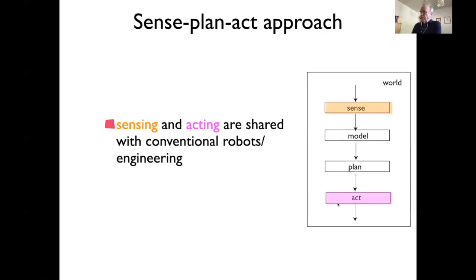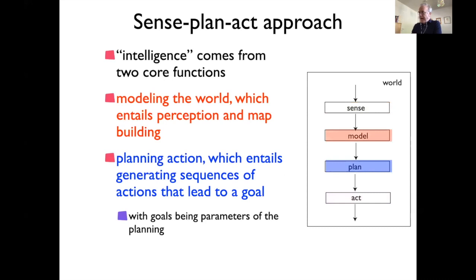You could say the sense and the act part are control and sensory information, signal theory kind of problems that were sort of like in conventional robots or in other areas of engineering, so shared with those, not specific to autonomous robotics. While the AI part, the intelligent part, was sort of focused, or localized, here at the center.